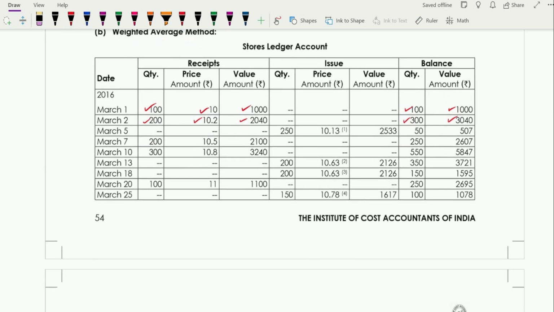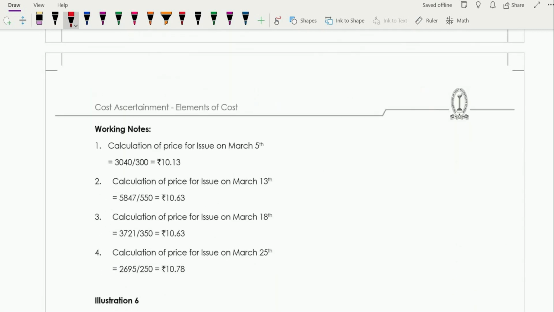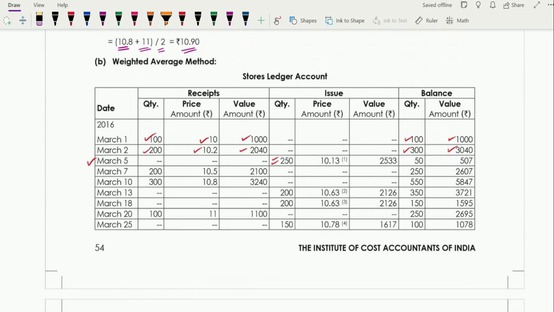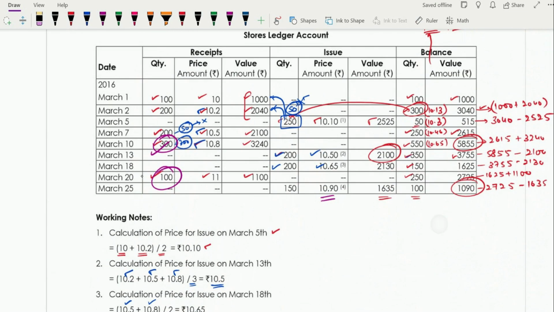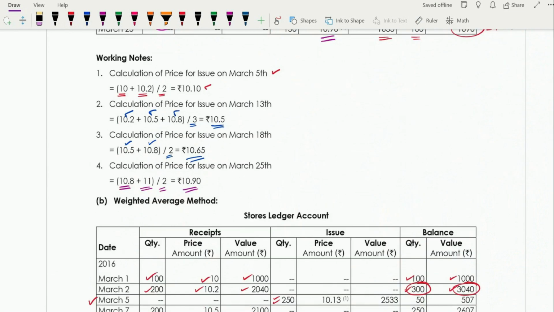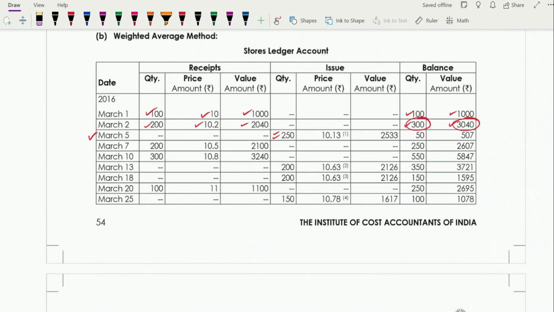Now when you have to issue on March 5, you have to issue 250 units. What will be the value that you will be considering now? Now you have to be very careful in considering the value. You have to use the weighted average method, right? So here, how will you calculate weighted average? 3040 divided by 300, right? 3040 divided by 300. See, this is the weighted average. Clear?